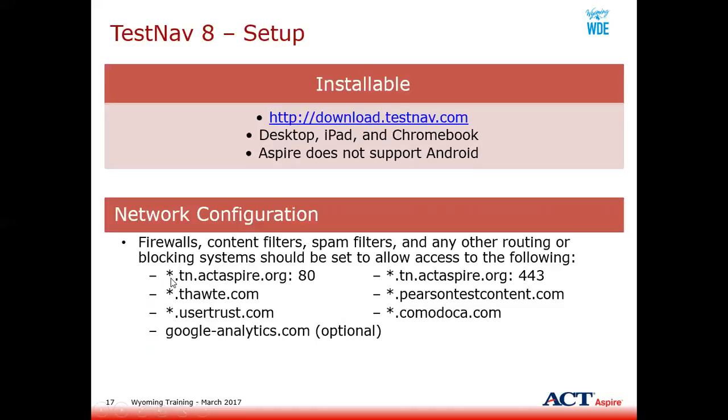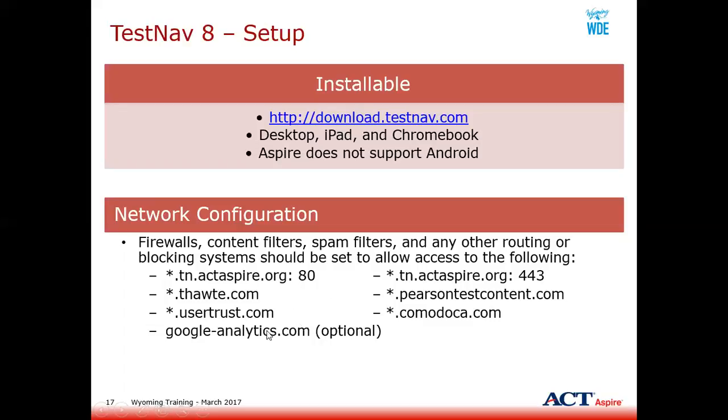So this asterisk is a wildcard. So .tn.actaspire.org, that is the TestNav for ACT Aspire, and then port 80, and tnactaspire.org, port 443, body.com, pearsontestcontent.com, usertrust.com, and commodica.com.